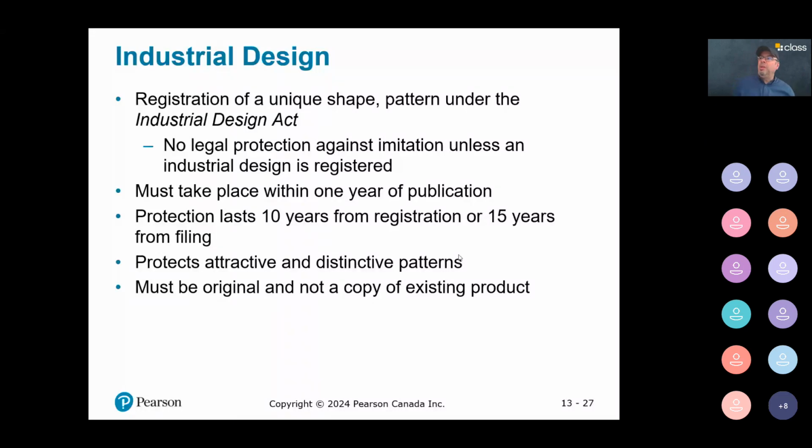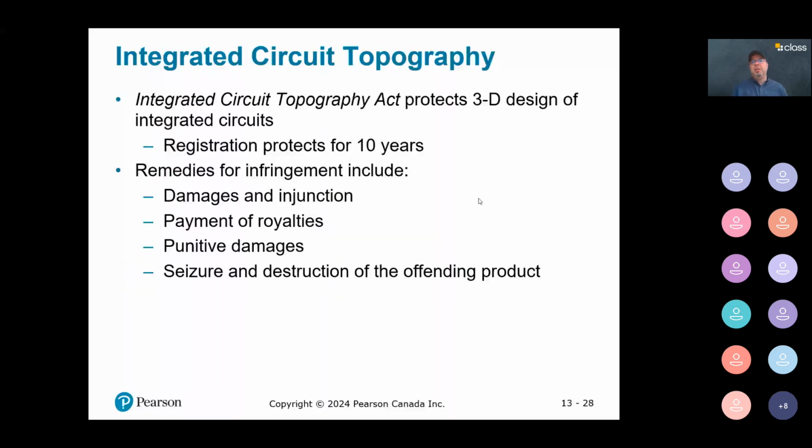So companies would be smart to seek protection in as many types of intellectual property as they can. All right, so that's industrial design. Integrated circuit topography, just mentioning here, but I won't give any attention to this, more related to microchips.